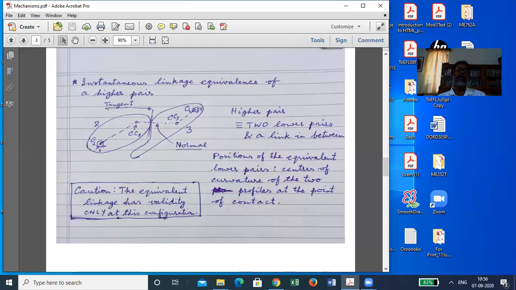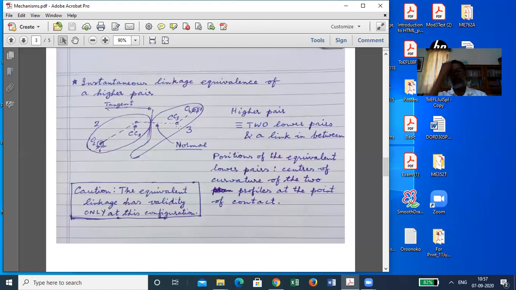Sorry, between link 2 and 3. And between 3 and, actually I cannot call it 3 anymore, this link, because 3 is this. So if we can imagine link 2 having an outside link connected here, and that outside link connected here to link 3, then the motion transmission will be the same as it happens with the help of the two profiles touching each other.